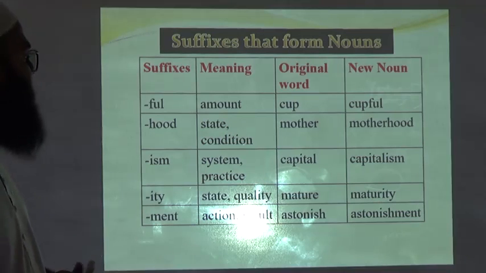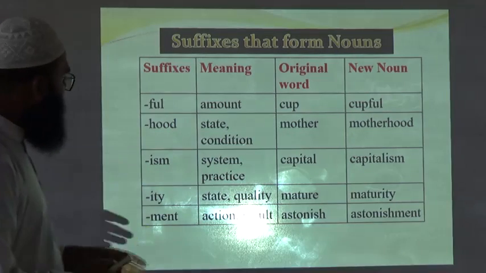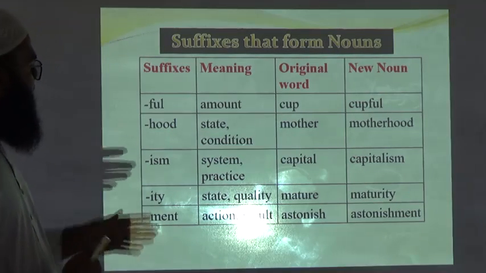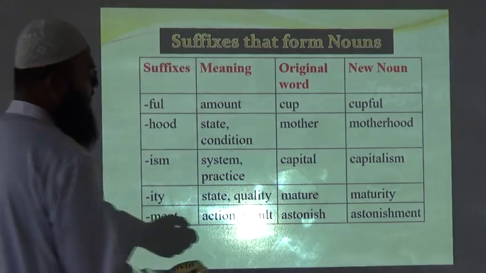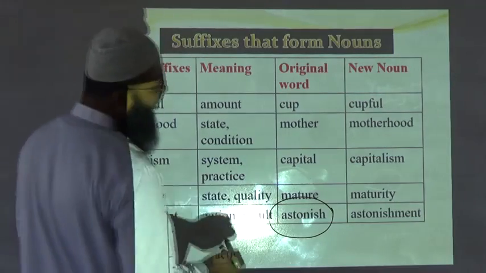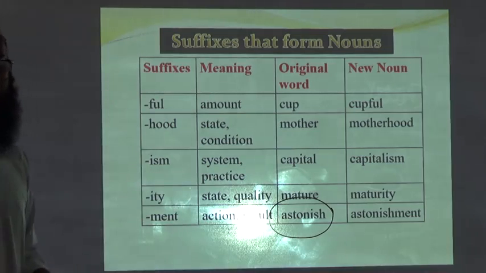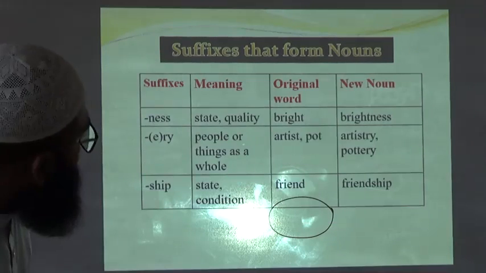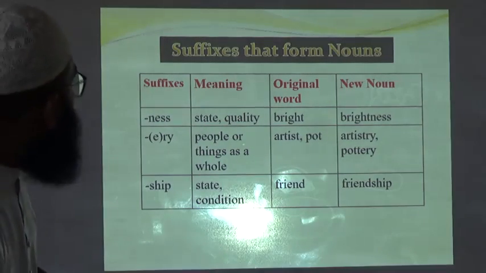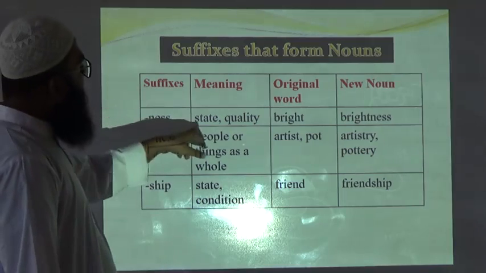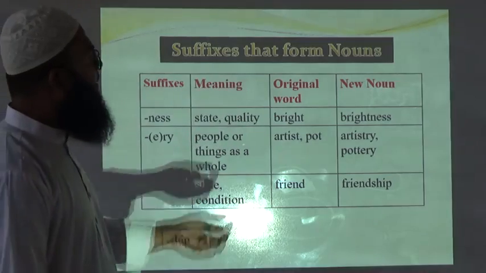Mature is an adjective, and maturity means the state of being mature. MENT means action or result. Astonish is a verb, meaning to be surprised. Astonishment. NESS, state, quality, it also shows the quality of something.